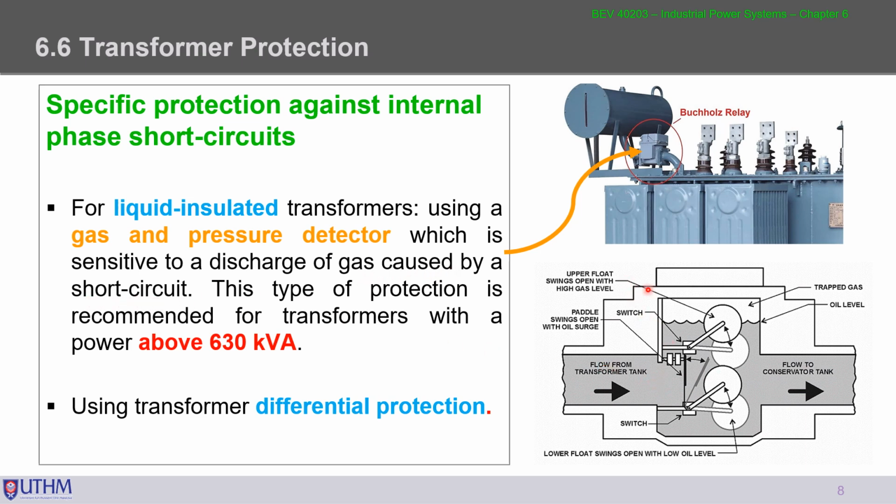The float here will trace the gas trapped inside, and then will energize the Buchholz relay, so that this relay will protect the transformer from the short circuit. Besides that, we also use differential protection for the transformer.